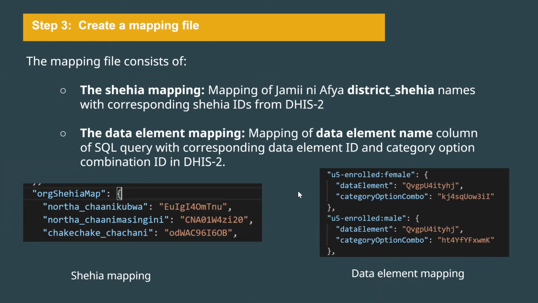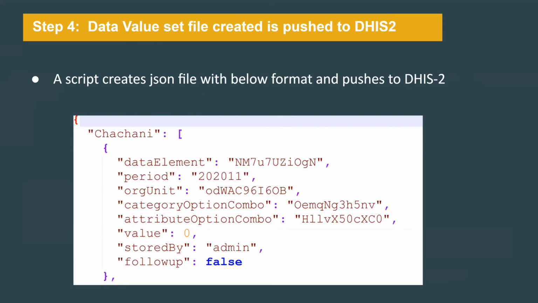So at this point, we have the mapping, and then we convert this into a format that is suitable for pushing. It is taken care of by our script, which then gives us a final version, which is called a data value set file, which looks like this. So for Chachani Shahia, we have its data element ID, which is the under 5 enrolled, the period that we are sending the data, in this case November 2020, the org unit ID, which is the ID of the Chachani Shahia, the category option combination, which is either male or female, and then the value.